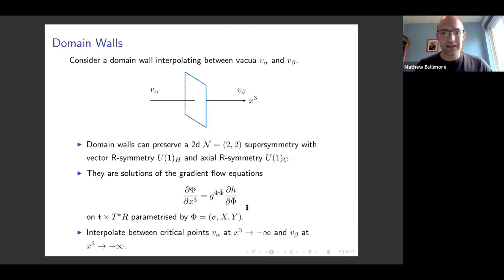But they look schematically like this. There's some space that's parameterized by the real scalar sigma together with x and y, and there's a function h on it, the real superpotential. And we're studying gradient flow between critical points. We think of those as domain walls. So a domain wall is basically a gradient flow for h that interpolates between critical points alpha, say, at minus infinity and beta at plus infinity.